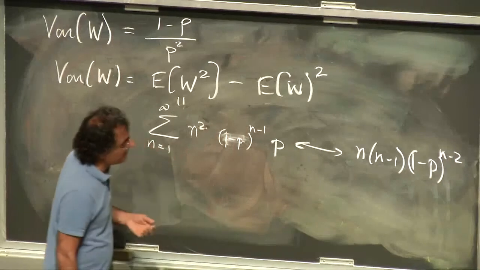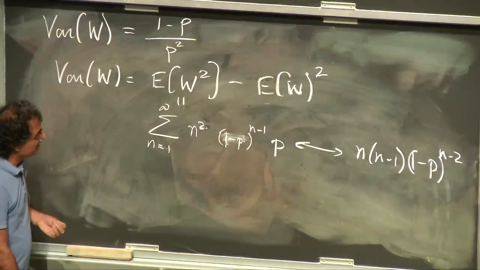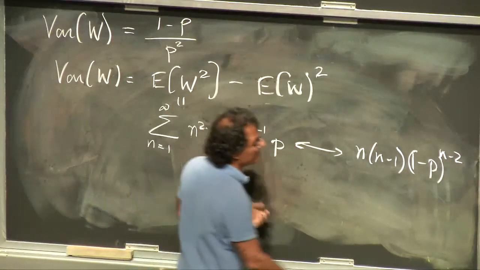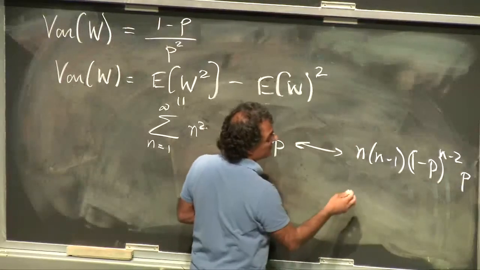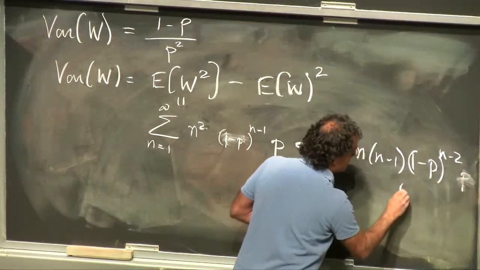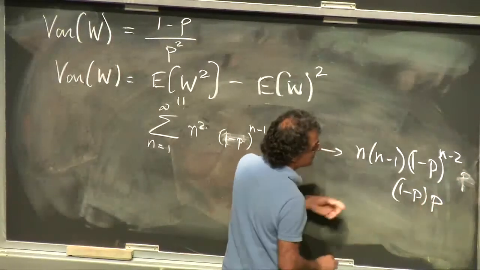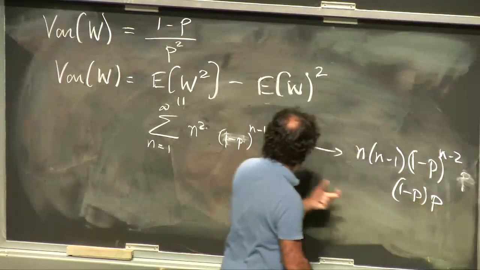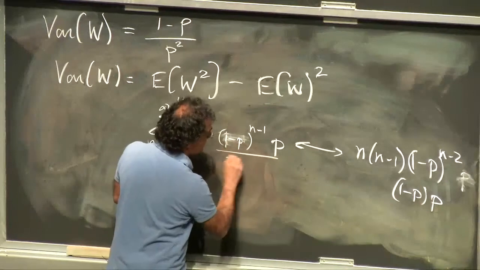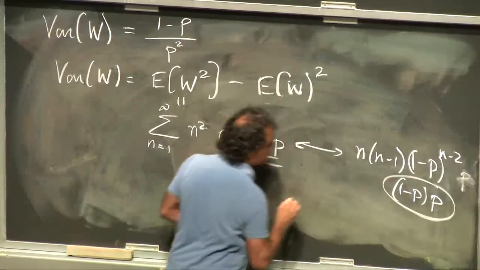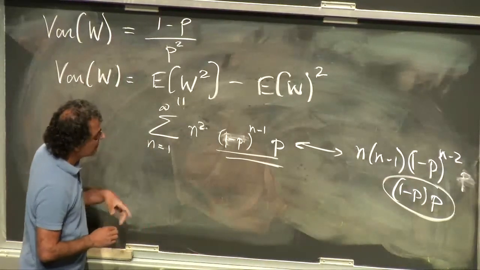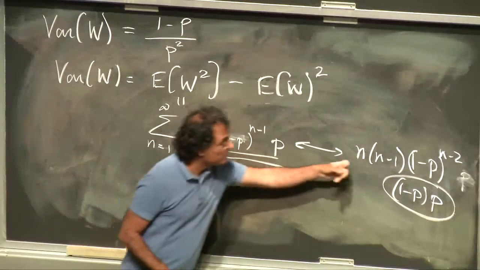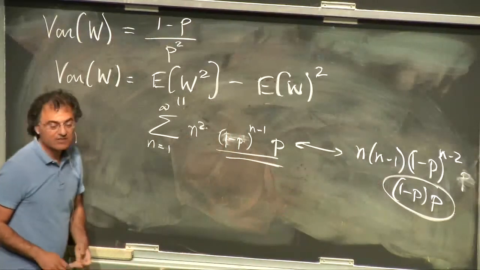That's what we should have here. And then, of course, we can have a p here, and we can also have times (1 minus p) times p. So we can have (1 minus p) to the n minus 1. We can have a p here. So all this is fine. We could just pull out p times (1 minus p). That's fine. But instead of n squared, we want n times (n minus 1). So how do we do that?